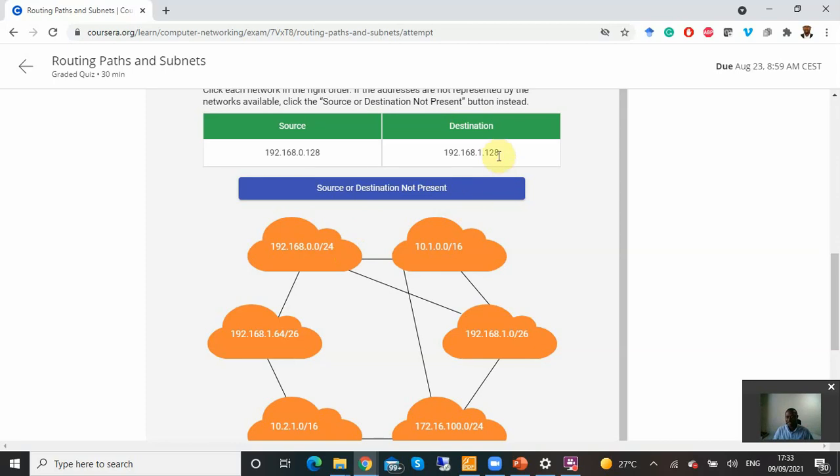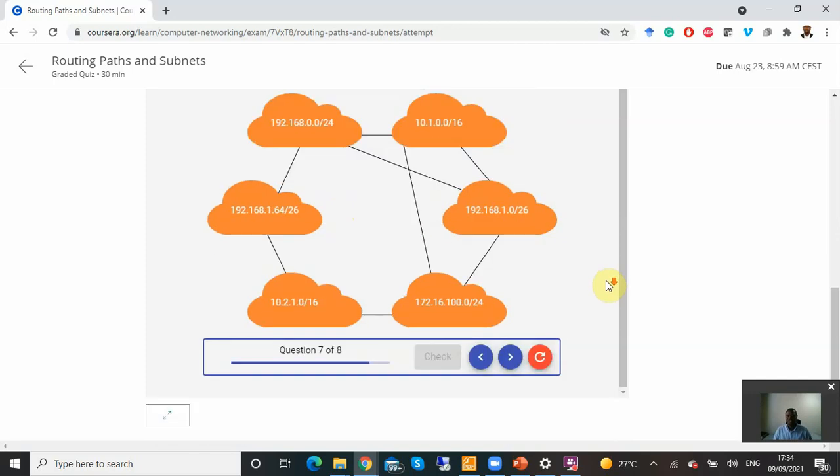Also, look at this also. 128 is 0. Imagine counting from 0 to 128, they are still very far apart. So which means the correct answer in this case is source or destination not present. Now let us click. As you can also see, it turned green immediately. Shows we are correct. Let's move to the next question.